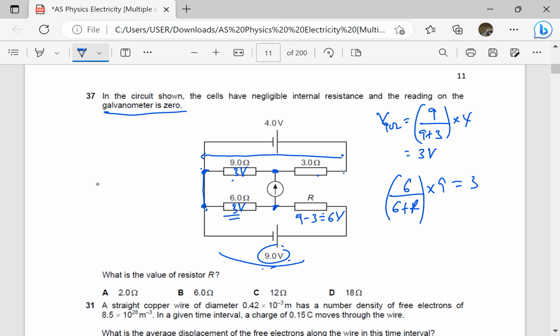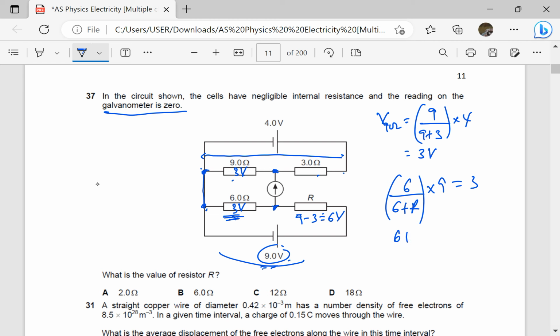We know that the PD across 6 ohms is now 3 volts. But I should be able to get this same 3 volts when I use 9 volts as the EMF this side. Therefore, 6 over the total resistance, which is 6 plus R, times the voltage supply, which is 9, should be able to give me 3. So I just solve this equation.